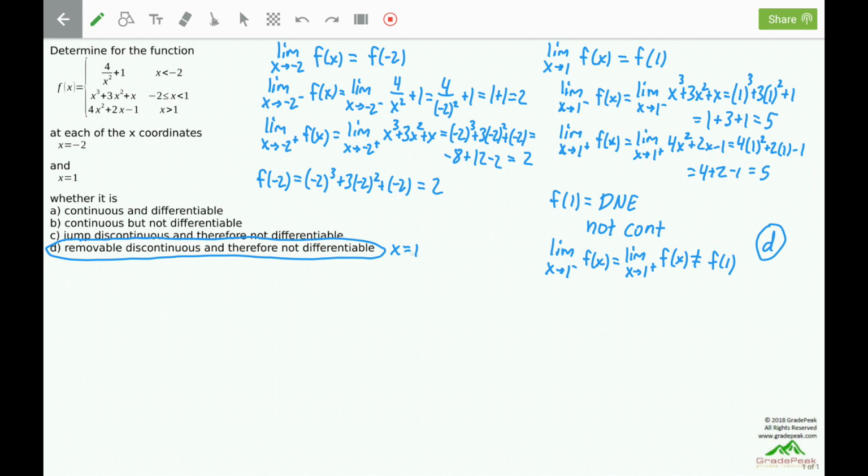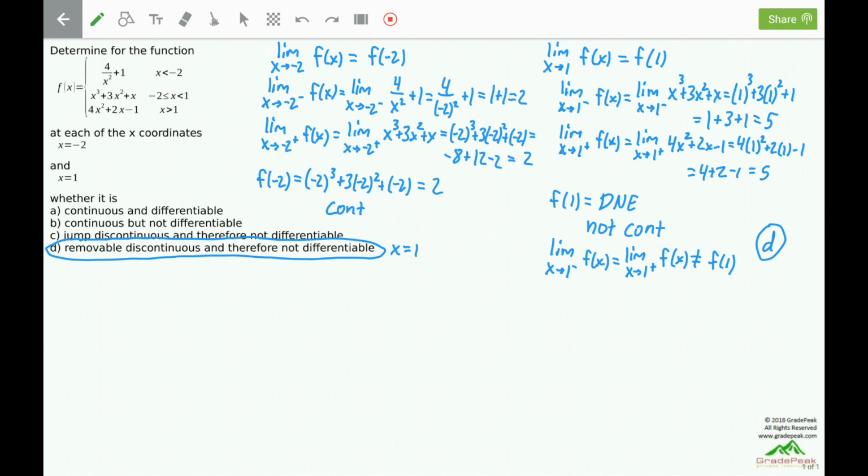Now let's look at the differentiability, because we did find it to be continuous at the x-coordinate of -2, and so we will want to see if it's differentiable there. And differentiability is the continuity of the derivative.